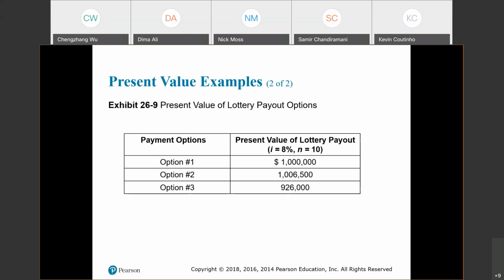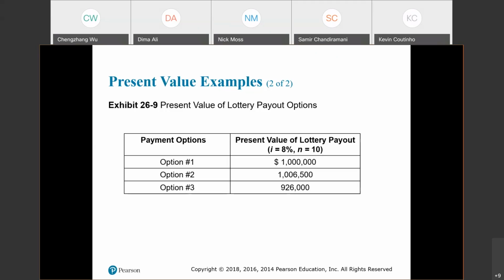In that case, the present value is 1,006,500. And for option number three, it is actually $2 million as a future value in lump sum.